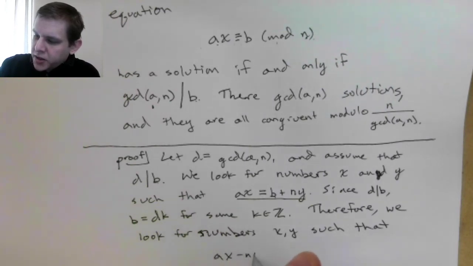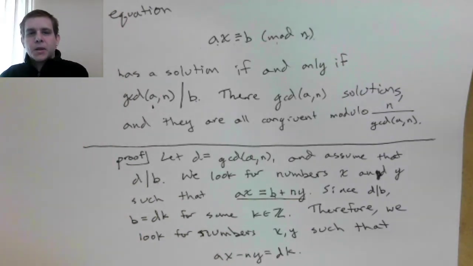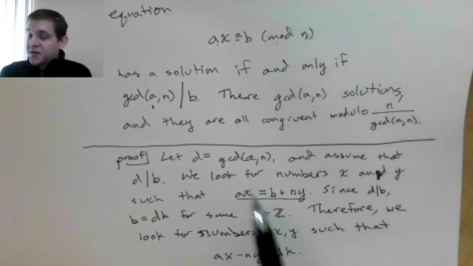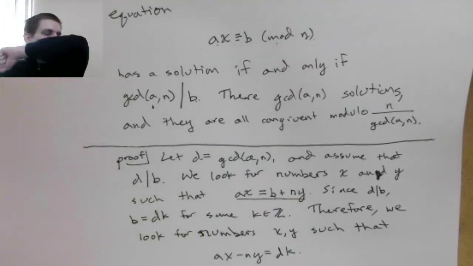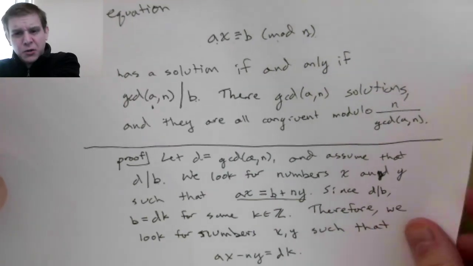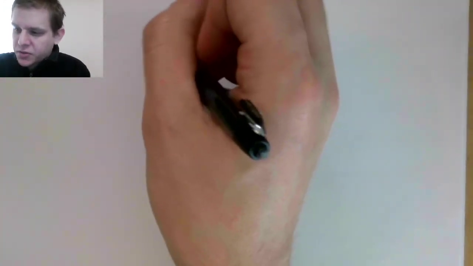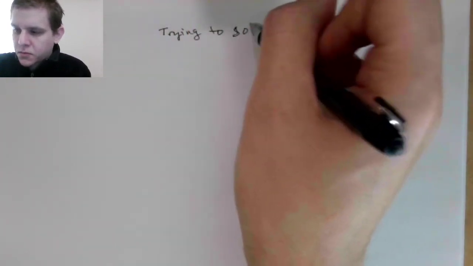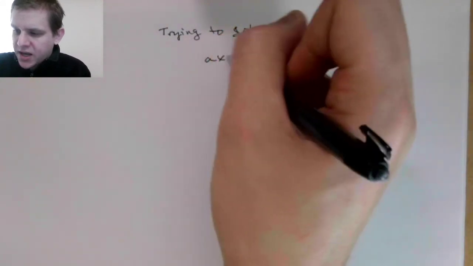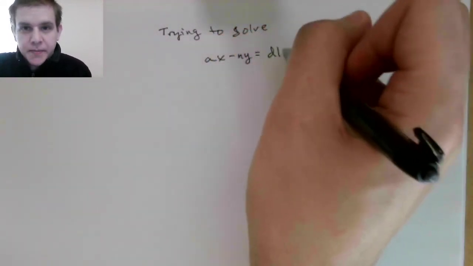Ax minus ny is equal to D times K. And this is where we are. And now I want to use the fact that D is actually the GCD of A and N. I have to use this at some point. I don't know what x and y are. They're my unknowns. That's what I'm looking to try to find. So let me write down that equation up here again. So trying to solve ax minus ny is equal to dk.